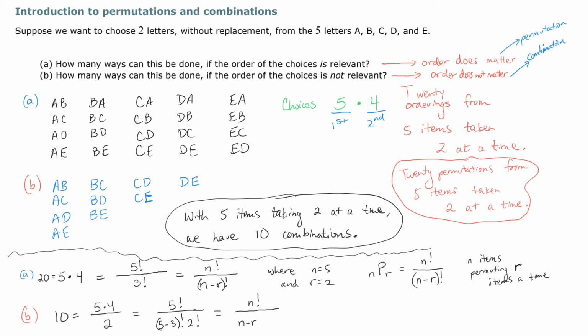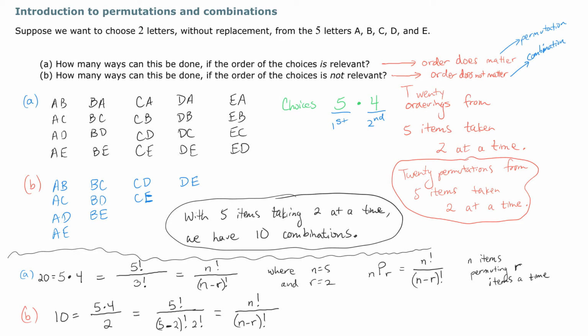Let me see here. Take that back. I made a slight error here. This should be n minus r, which was 2. Oh, I did have it right. I'm just writing it a little bit differently. 2 factorial.